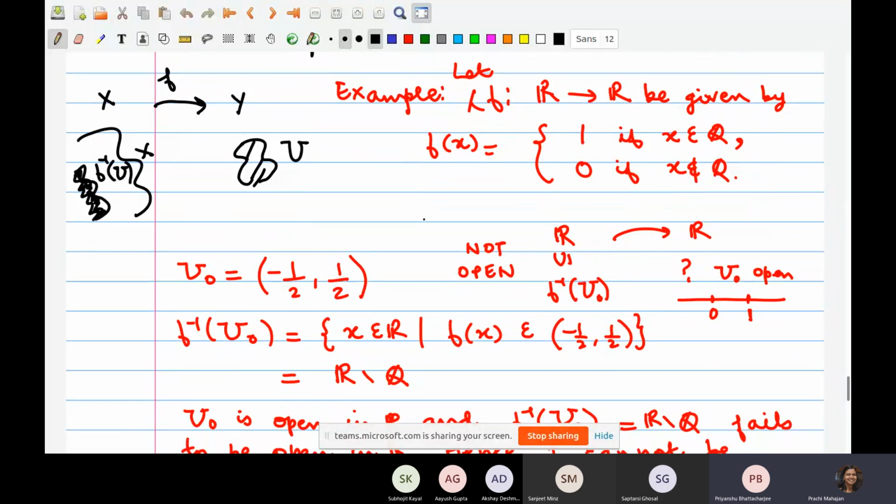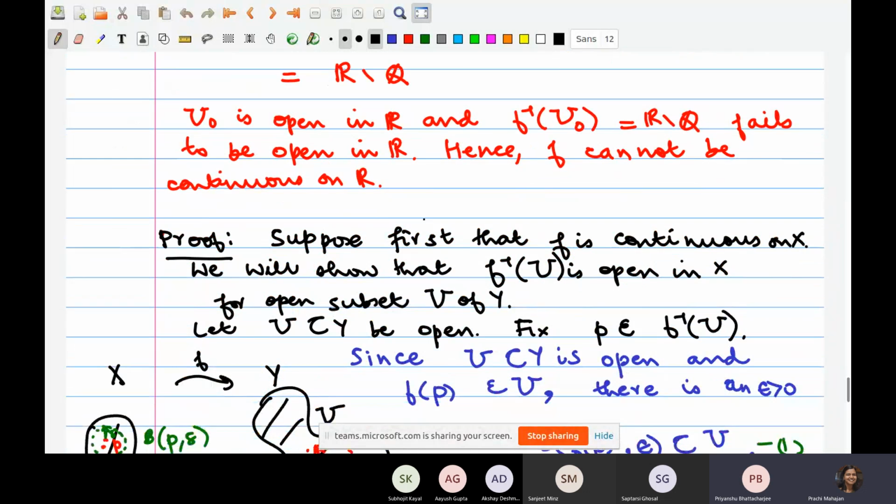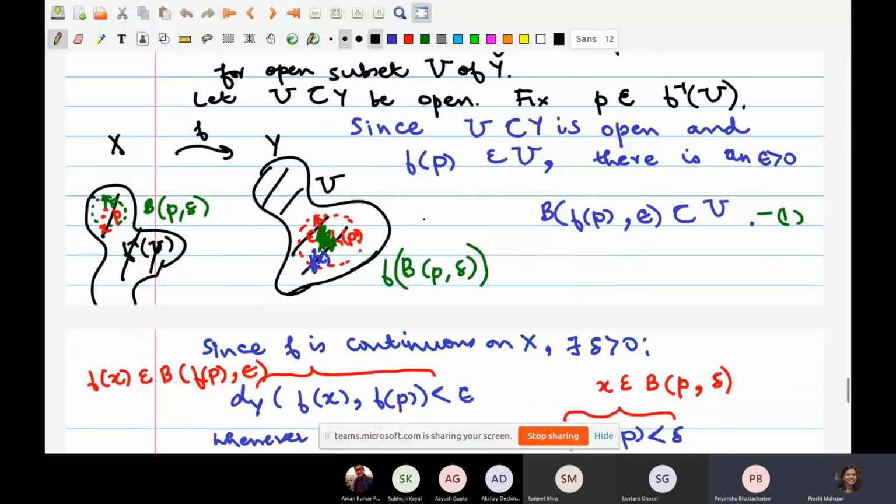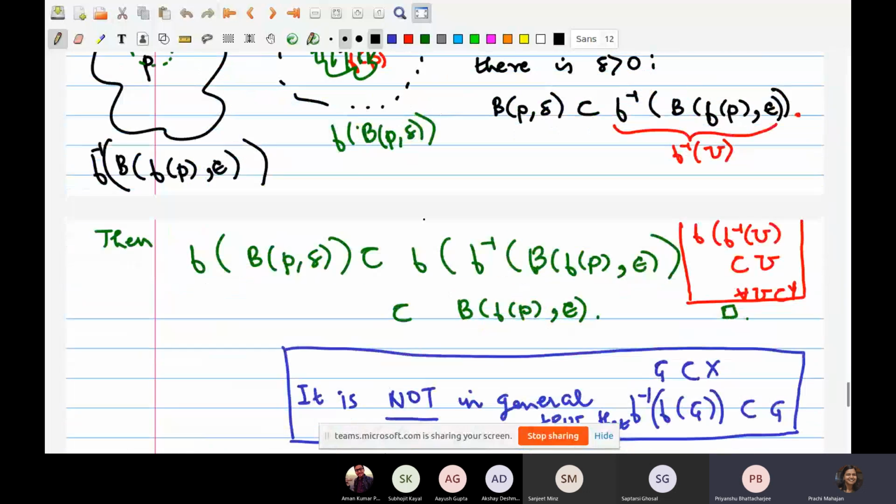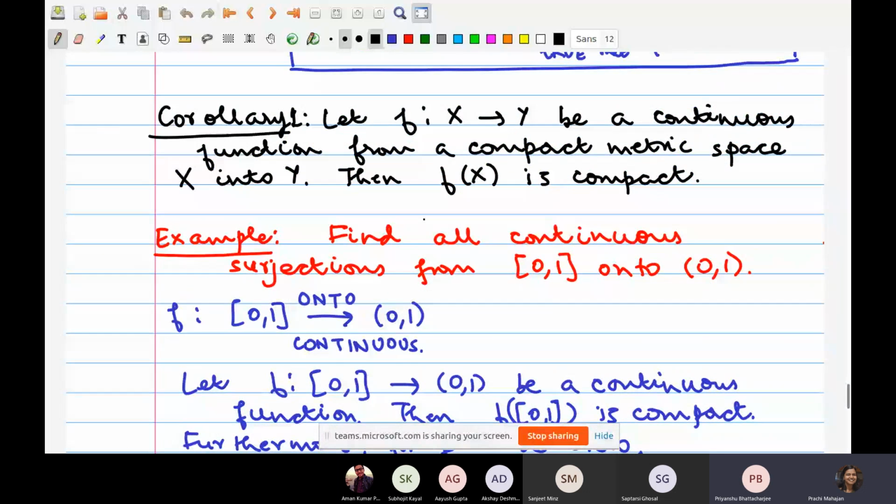We saw an example and a non-example. We worked out the proof, and then we looked at some corollaries of this theorem. The first one was, suppose that f is a function from X to Y. Suppose that X is compact and f is continuous, then the image f of X is also compact, right?